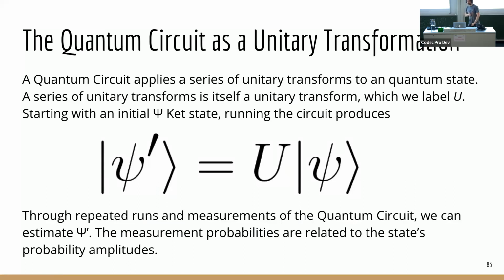And then by repeatedly running and measuring this quantum circuit, we can get some estimates of what the probability amplitudes of psi prime are. As we remember from our exploration of the single qubit system, it takes quite a while to get accurate estimates of this.